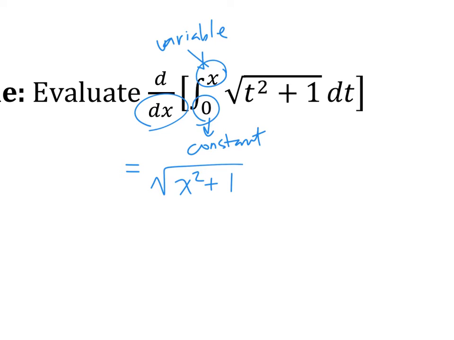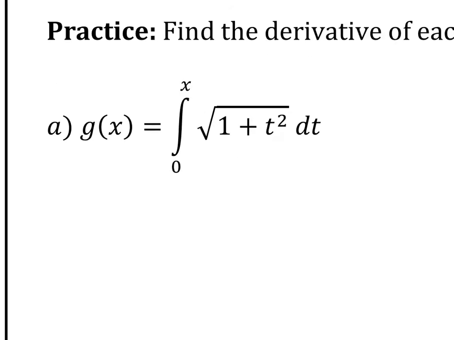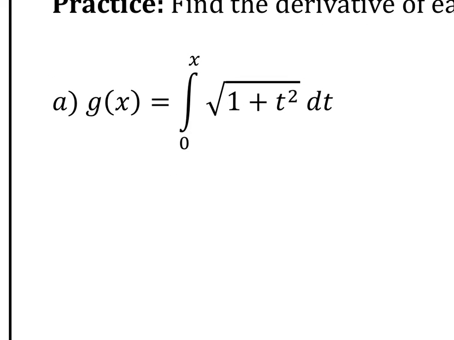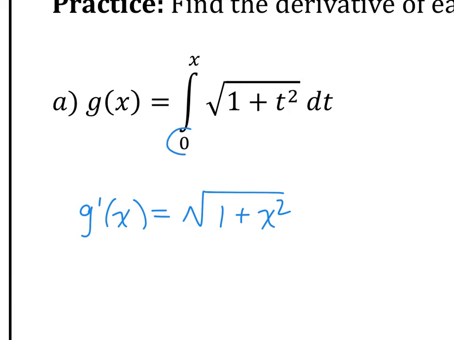All right, let's look at this practice. We're going to take the derivative of g of x. So g prime of x is equal to what? The square root of 1 plus x squared. When the lower limit is a number and the higher limit is just an x, this has to apply.